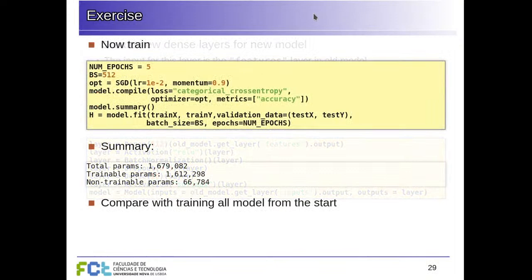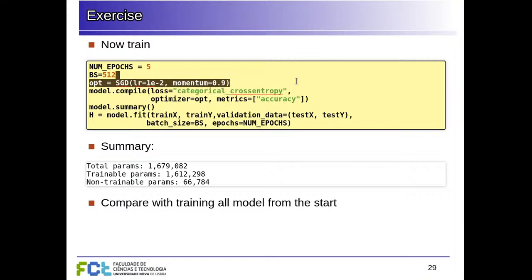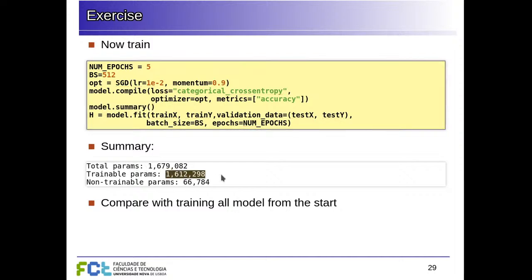And if you compile the model, we create now a new optimizer. So we're going to use momentum and stochastic gradient descent. We are going now to compile this with the appropriate loss function, which is categorical cross entropy, because this is a multi-class problem. And if you call the summary of your new model, you see that you have one large set of trainable parameters.